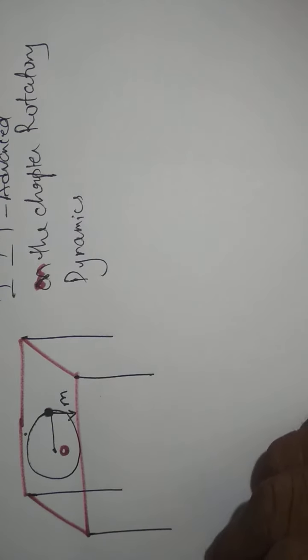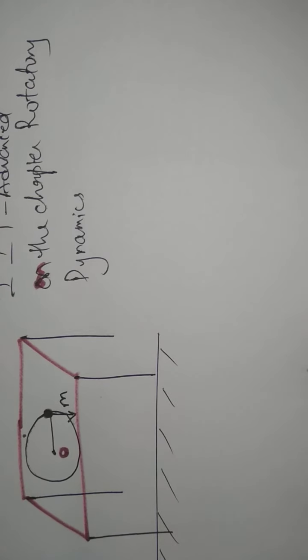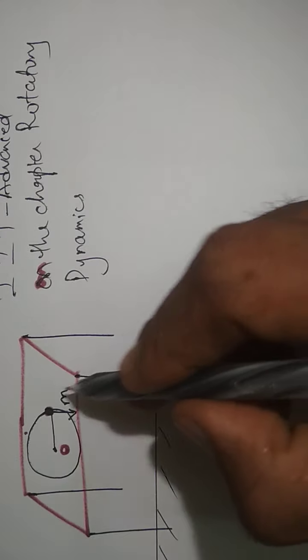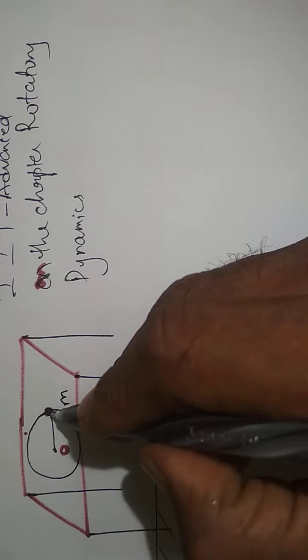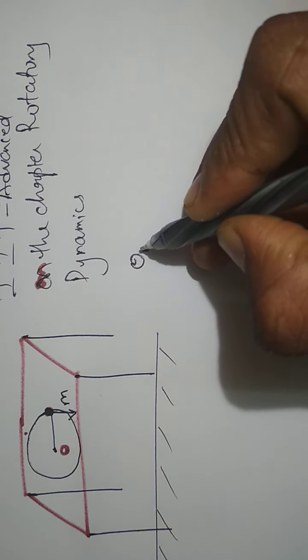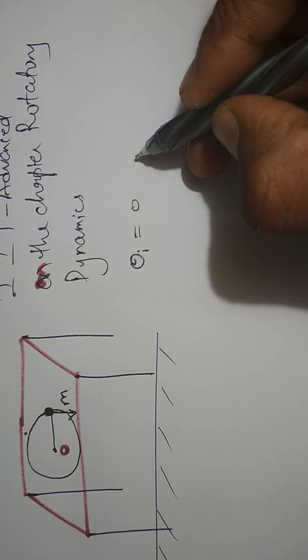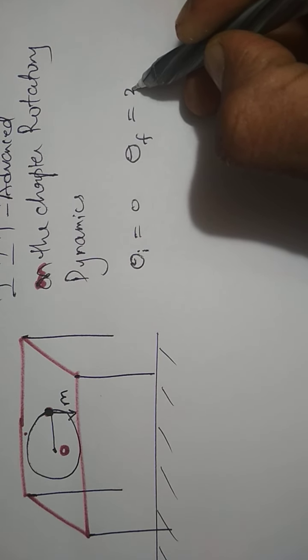This is the initial condition. After complete rotation, initially theta I will be 0, and after complete rotation final theta will be 2 pi.